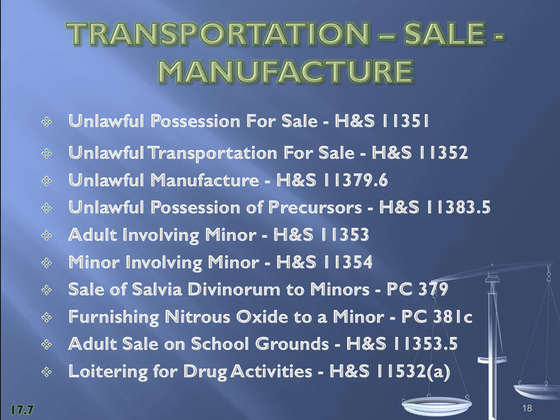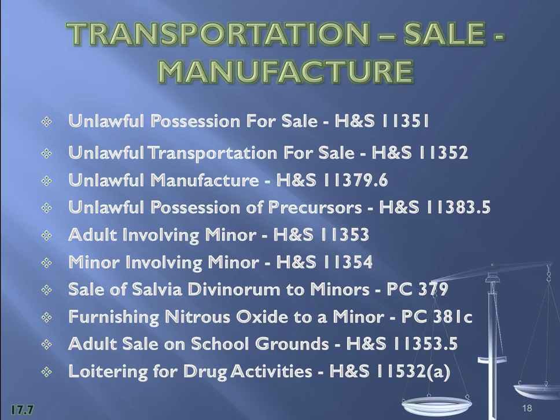Number three, that such person had knowledge of its nature as a controlled substance. Number four, that the substance was in an amount sufficient to be used for sale or consumption as a controlled substance. And finally, number five, that such person possessed the controlled substance with the specific intent to sell.